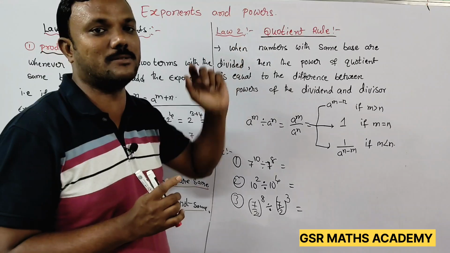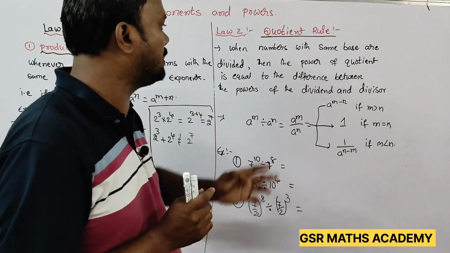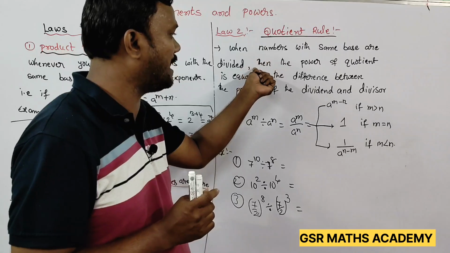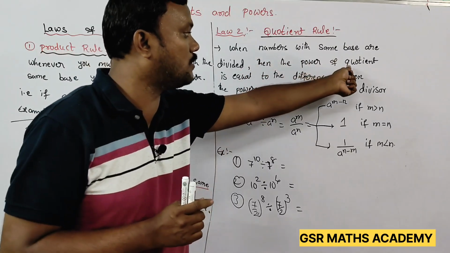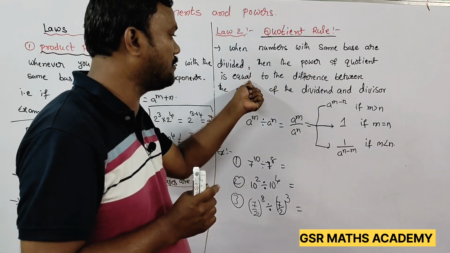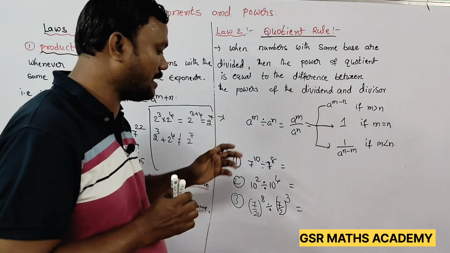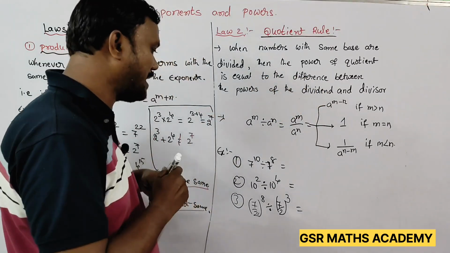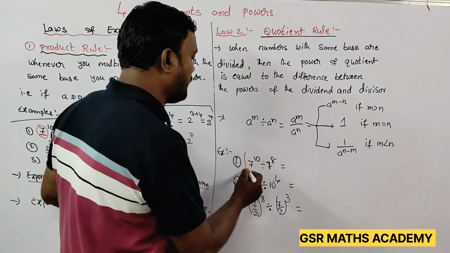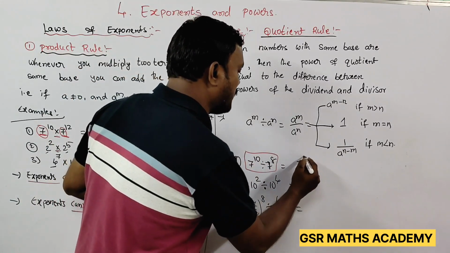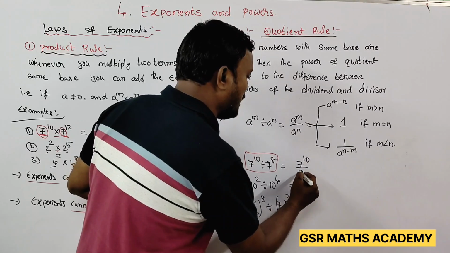Let us see the next rule, that is the quotient rule. In the quotient rule, when two numbers with the same base are divided, the power of the quotient equals the difference between the powers of the dividend and divisor. If you take this example, 7 to the power of 10 divided by 7 to the power of 8, this can be written as 7 to the power of 10 by 7 to the power of 8.